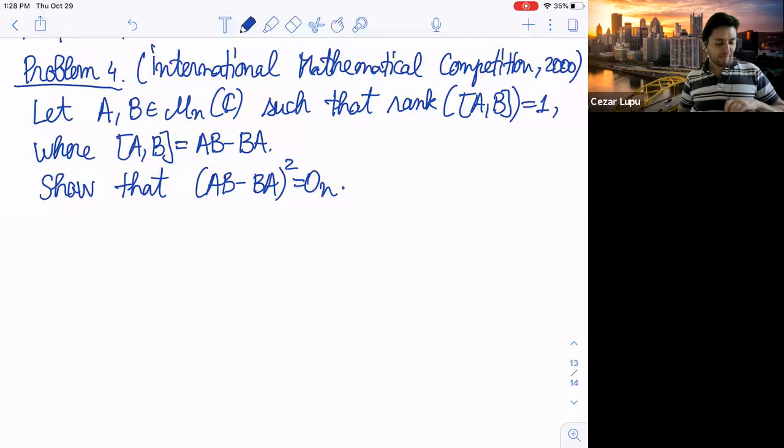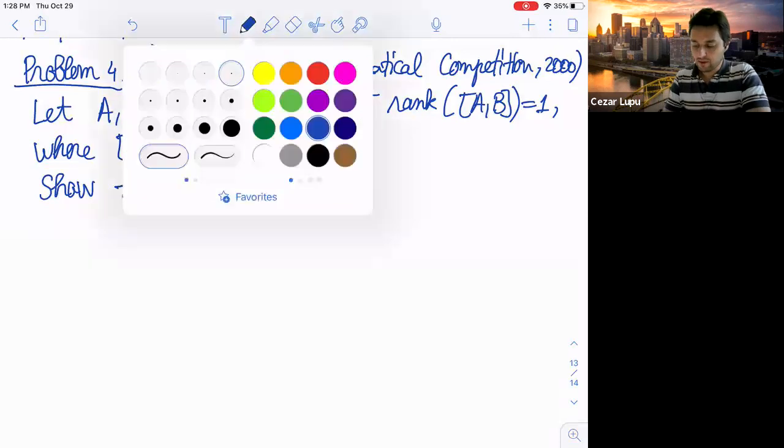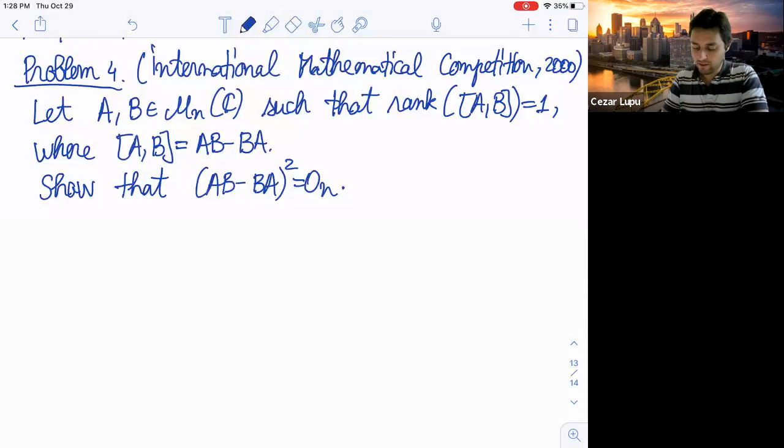All right. Now let's see. So how should we approach this? We have the following lemma here, and I think the problem will follow immediately.